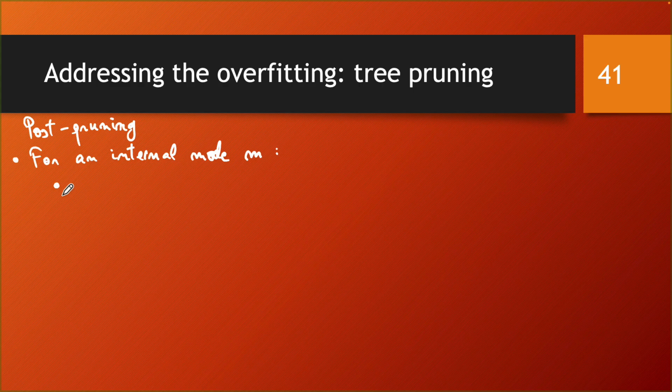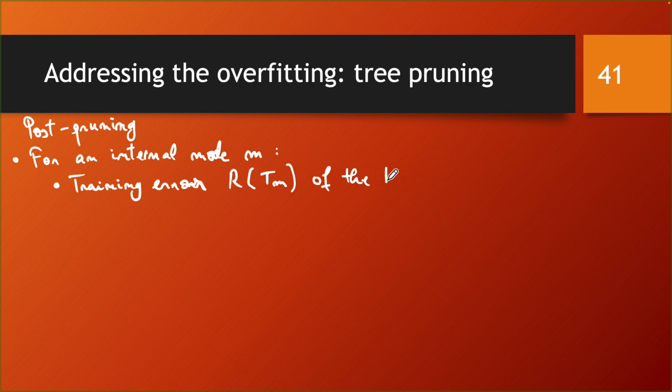On one hand, you want to calculate the training error, and this training error you are going to denote by R(T_M), and the training error is going to be for the tree that is rooted at M. So in other words, of the subtree, if you want, that starts from node M.